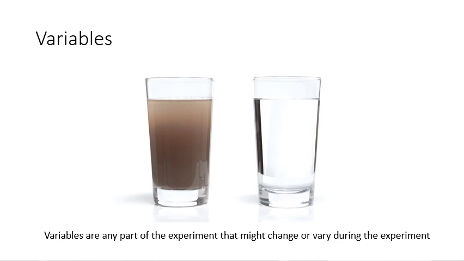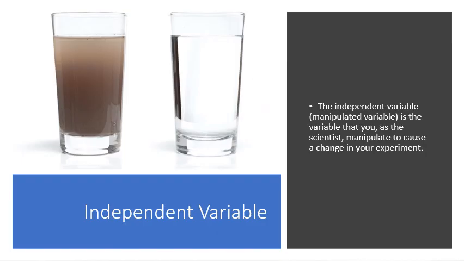There are some variables that are definitely changed. One is clean, one is dirty. So dirt in the water is a variable that changes. But any of those variables could change. The variable that you are interested in, the one that you as the scientist manipulate, the one that you change, is called the independent variable.